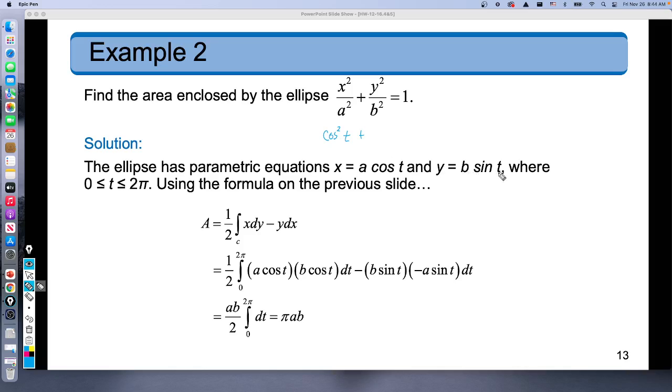When we put b sine t in for y, the b squares cancel, so then we get sine squared of t, and that's a trig identity. Those are equal. So this is an appropriate substitution.